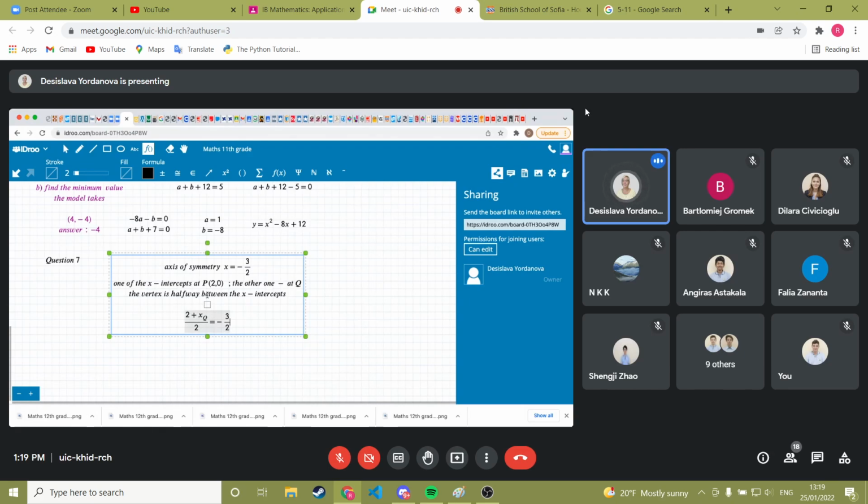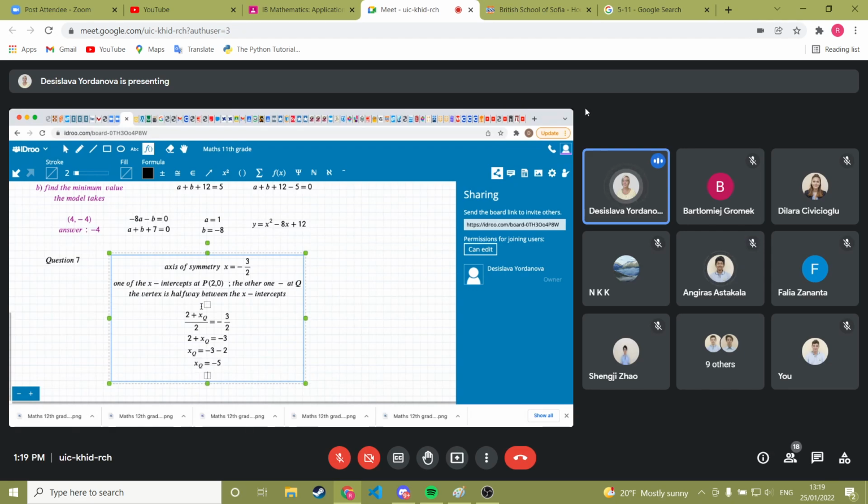Because that's how we find midpoints between 2 points on the number line. We can ignore the denominator because it is the same. So 2 plus x-coordinate of Q should equal negative 3, which means that the x-coordinate of Q should equal negative 3 minus 2, or negative 5.